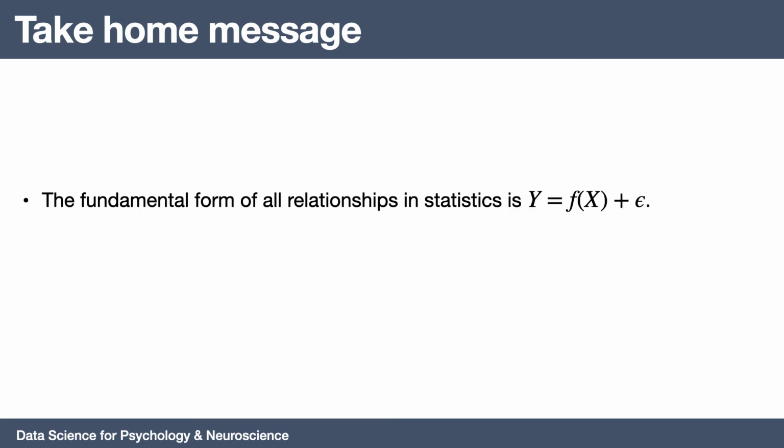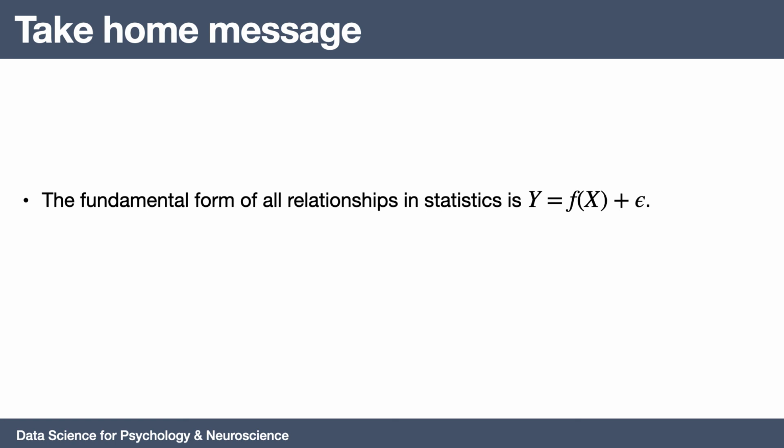So what should you take home with you today? Well, I want you to take home 2 points. First, the understanding of the fundamental form of all relationships in statistics. Y equals f of x plus noise. Every time you think about how to analyze your data, think of it in this form.